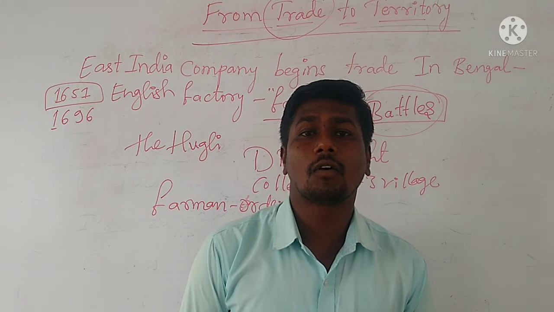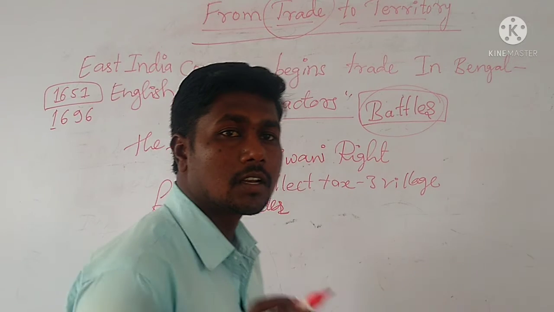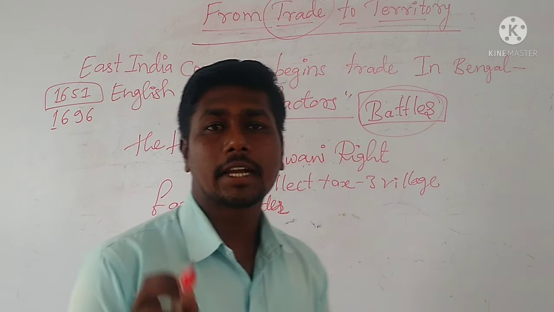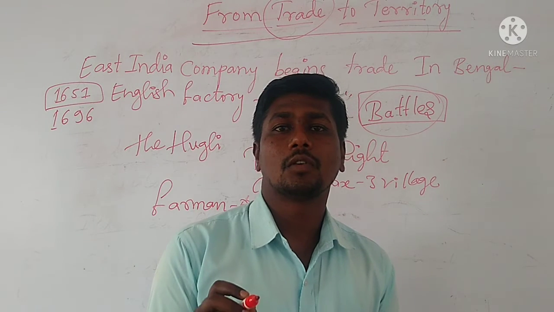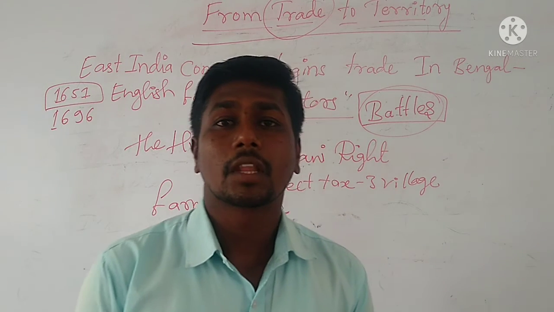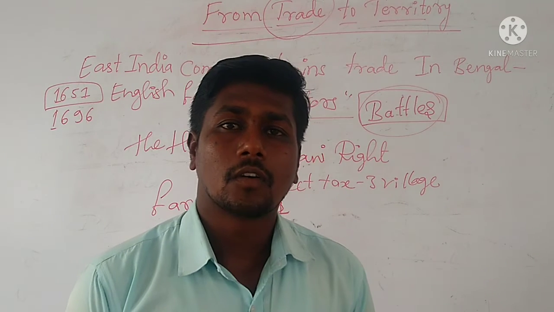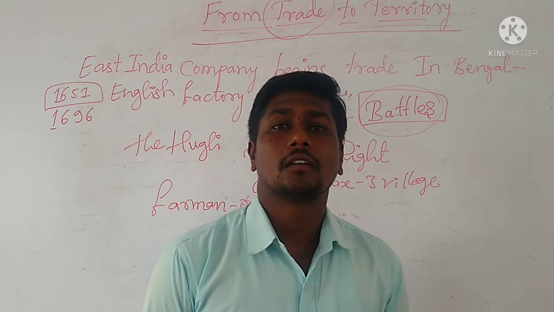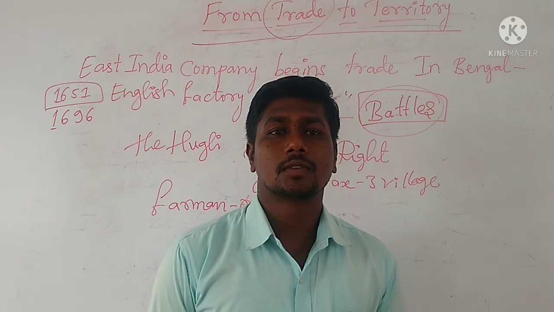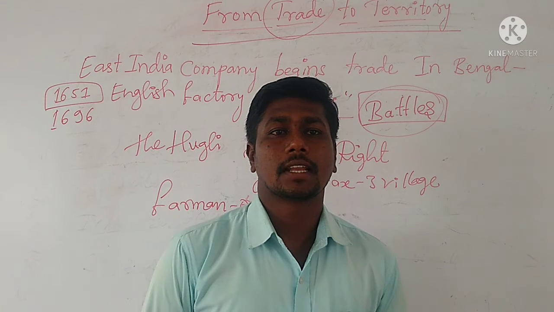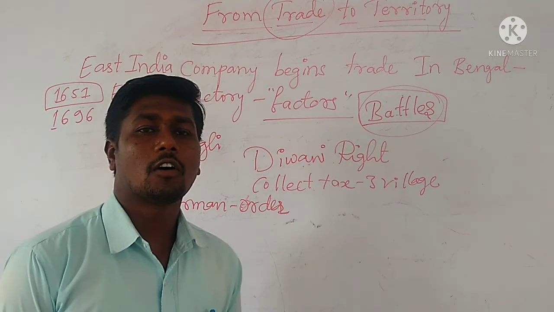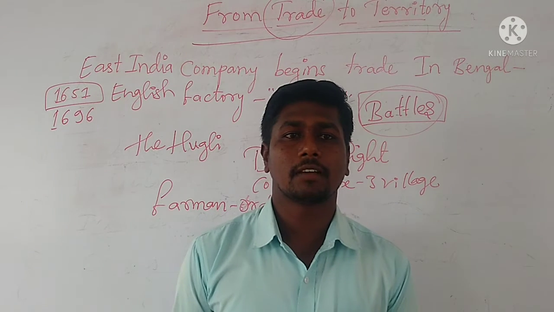He was the third Nawab of Bengal. The first one I told you was Murshid Quli Khan, the second was Alivardi Khan, and the third Nawab of Bengal was Siraj-ud-Daula. He became Nawab of Bengal after the end of Alivardi Khan.